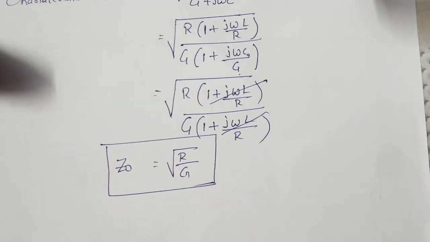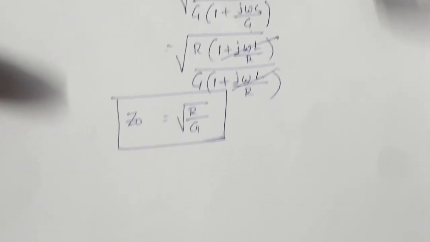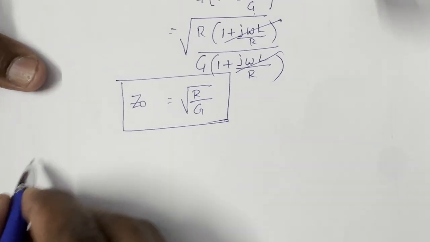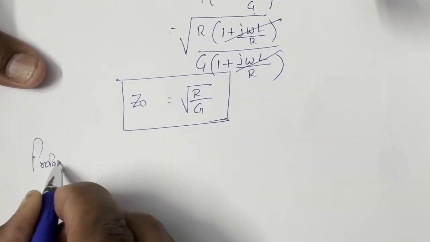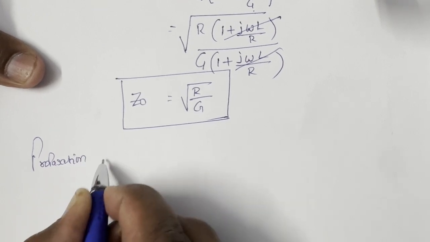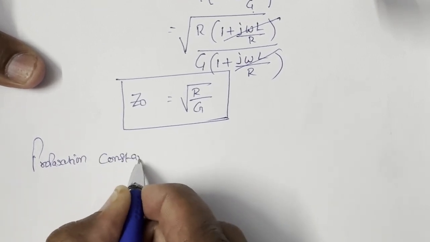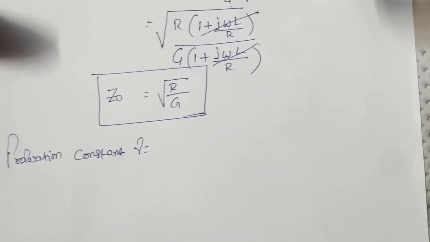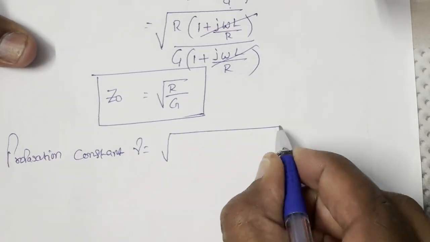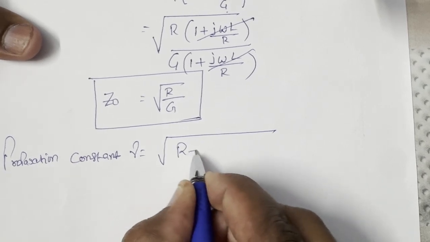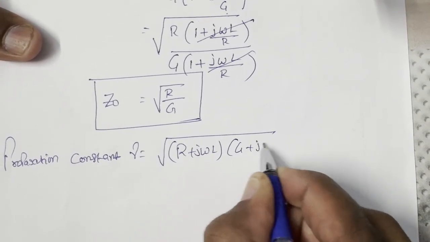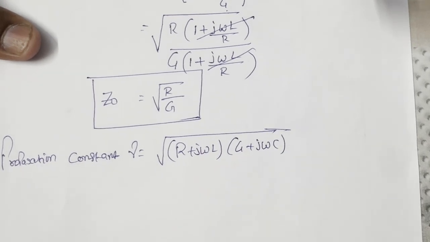Now we have to go for the propagation constant. Gamma equals square root of (R plus j omega L) into (G plus j omega C).